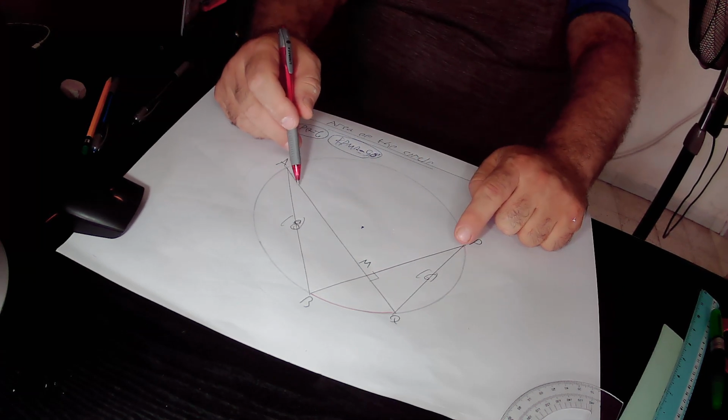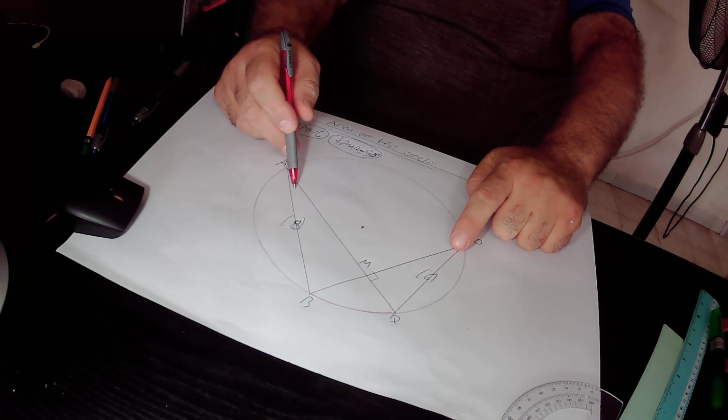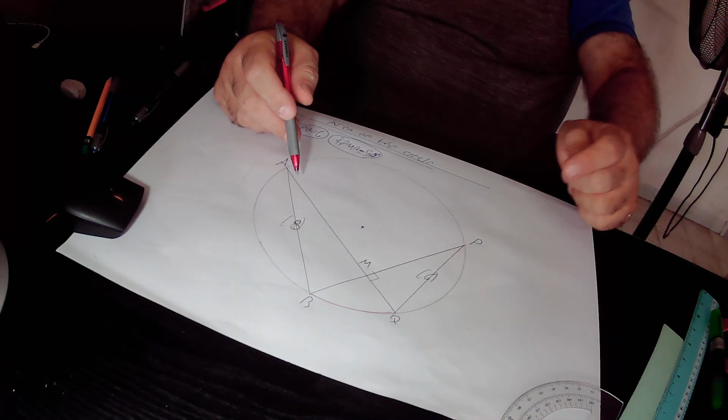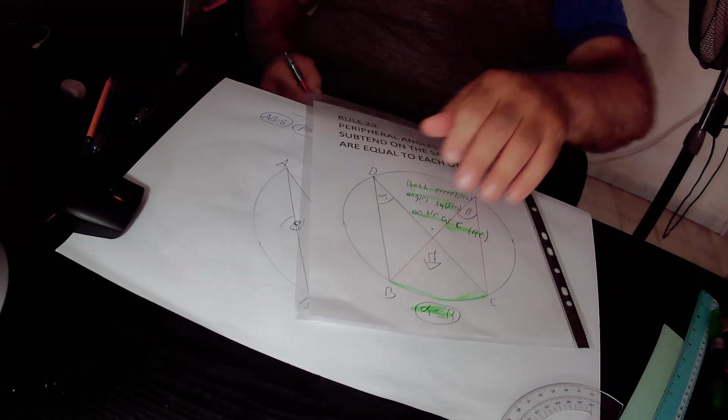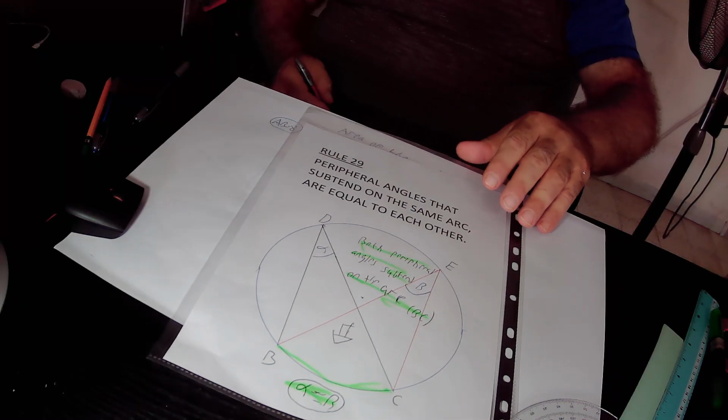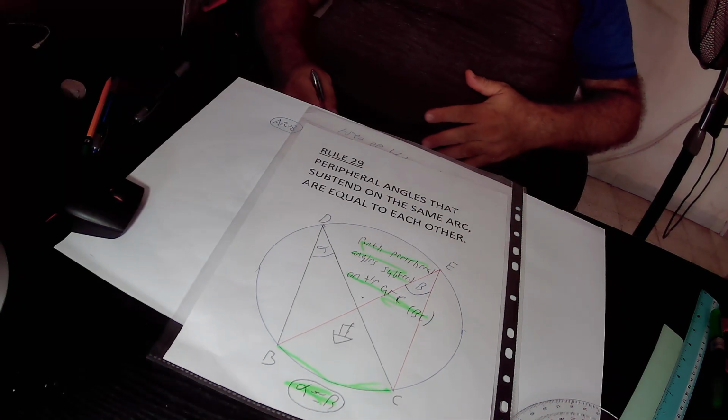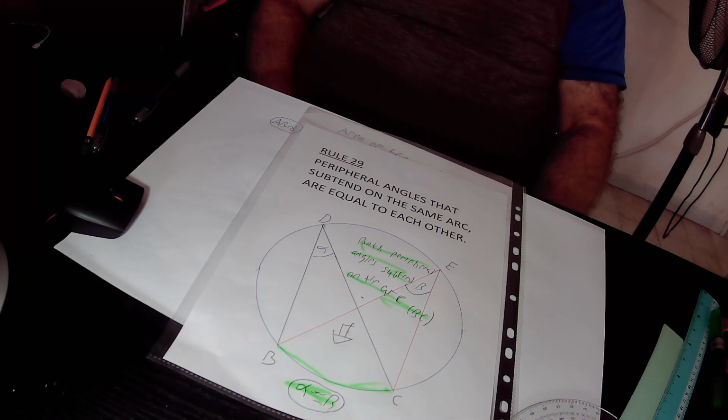So those two angles both subtend on the same arc BQ, and therefore they are equal to each other according to rule 29. According to rule 29, peripheral angles that subtend on the same arc are equal to each other.